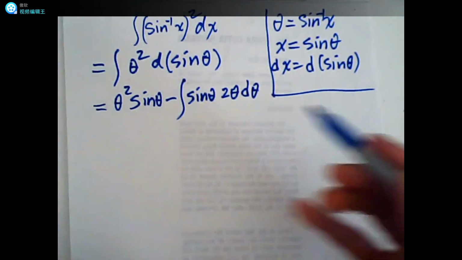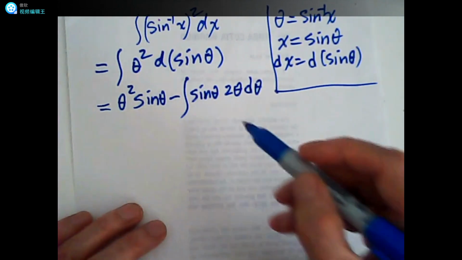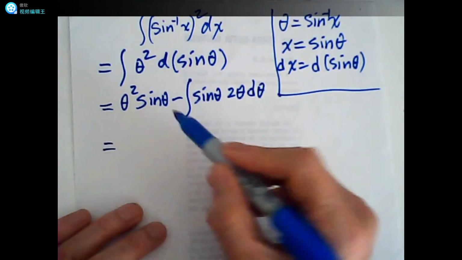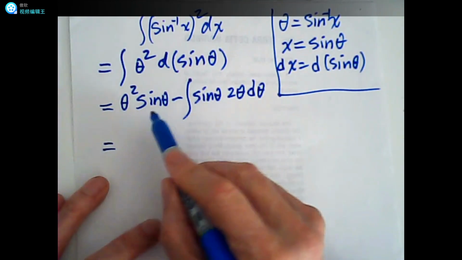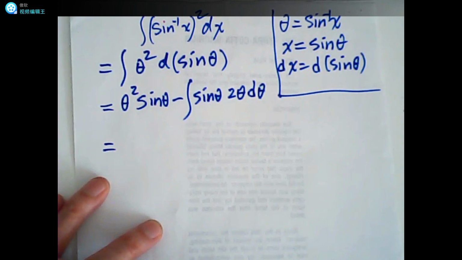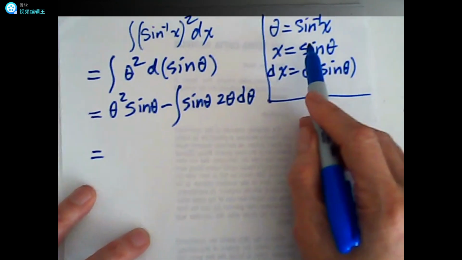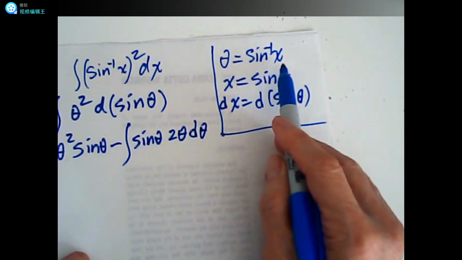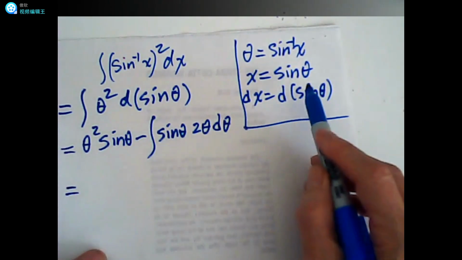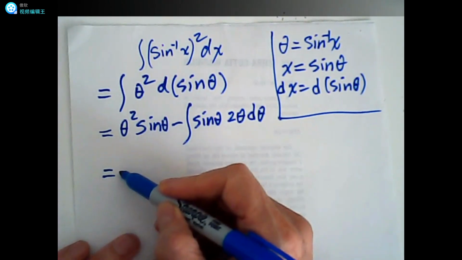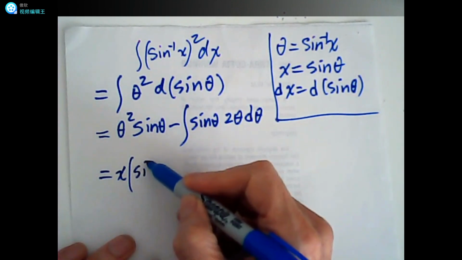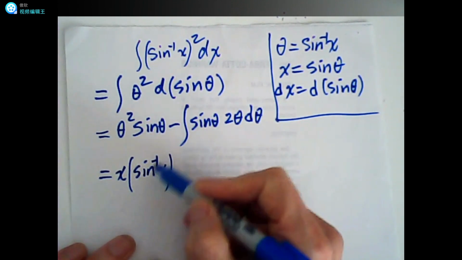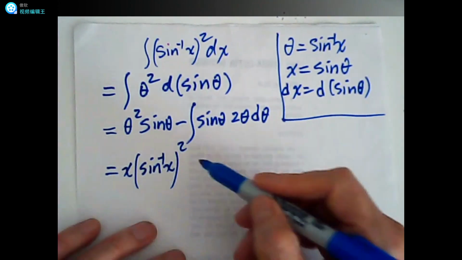Now it's easy to follow. Theta is equal to arcsine x, and sine theta is equal to x. Therefore, this one is equal to x times arcsine x squared.